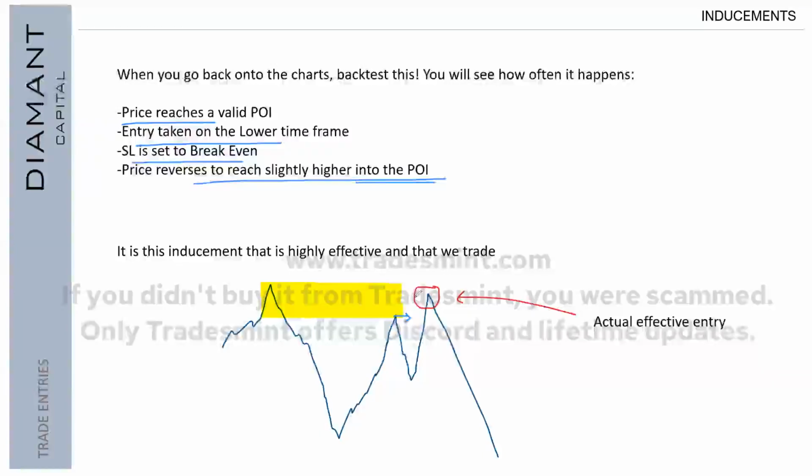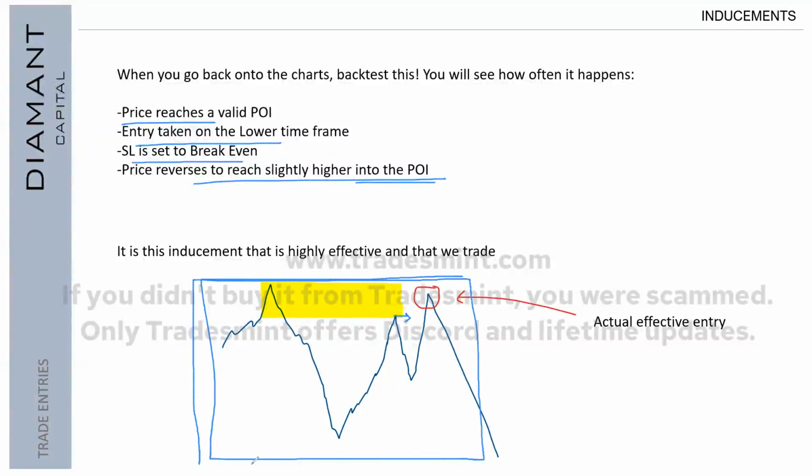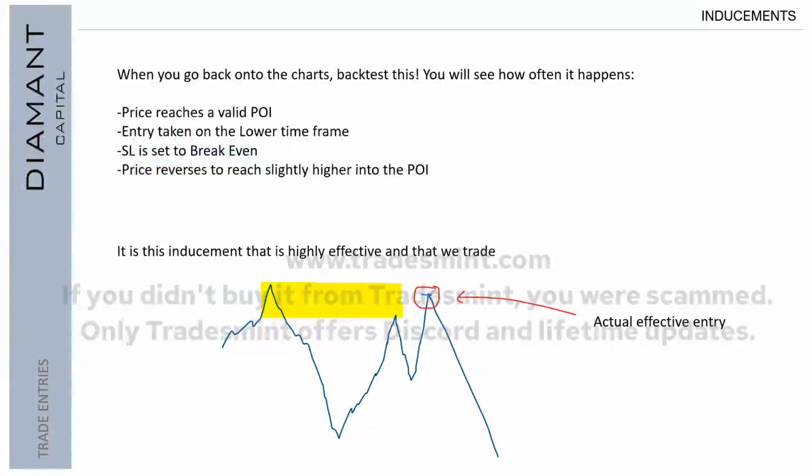And this is, if you want to take note of this diagram, this is exactly what you should be aware of. The probability of you winning from this trade is so much higher than this trade right here, because you know for a fact now you have induced the sellers from here, and you've taken the stop losses, break evens, come back into there to mitigate some of the orders that were left there and back down.